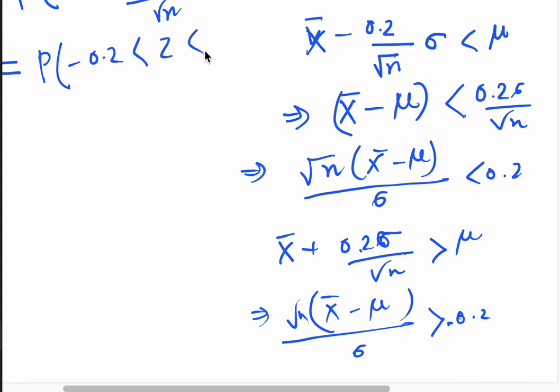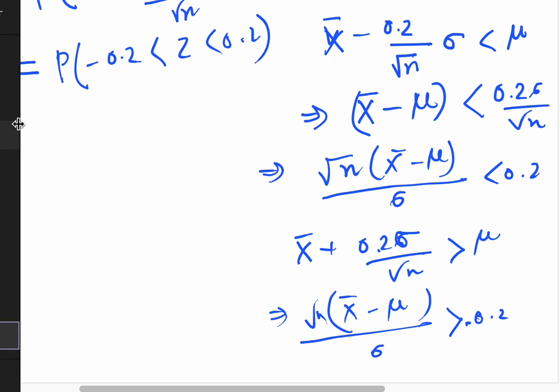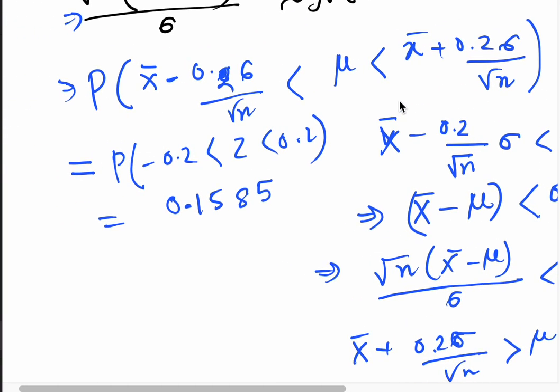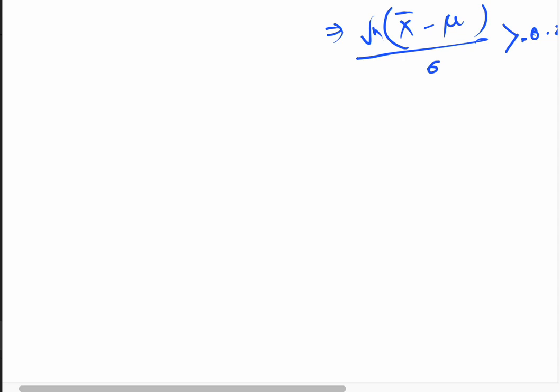So the probability is minus 0.2 less than Z less than 0.2, which is 0.1585. So the confidence level will be about 15%. That was question number 6.